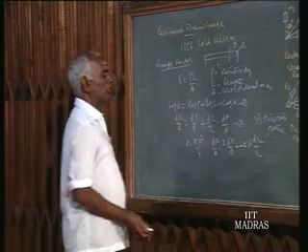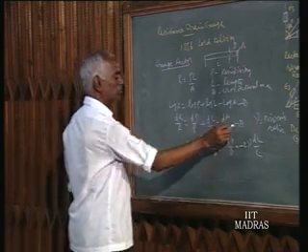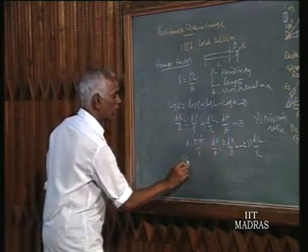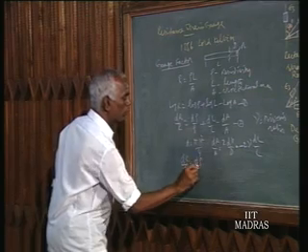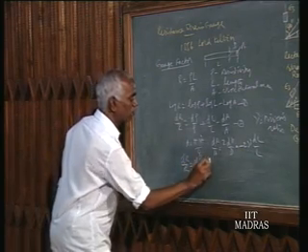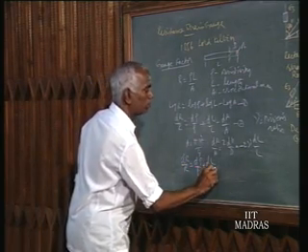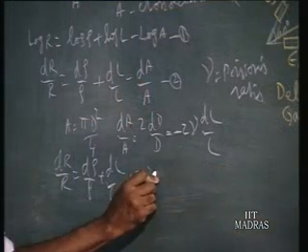Now substituting this in equation 2, we get dR by R is equal to d rho by rho plus dL by L plus 2 nu dL by L.